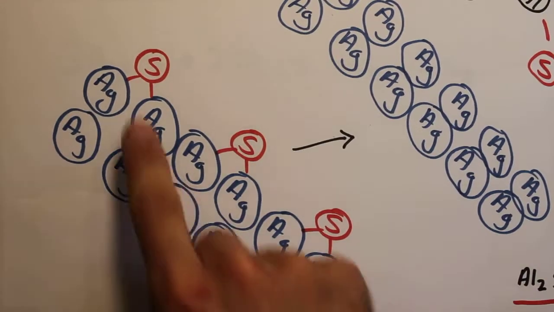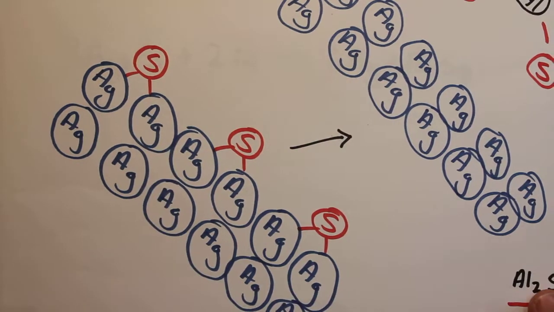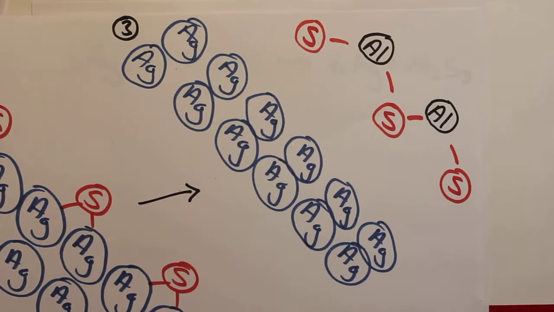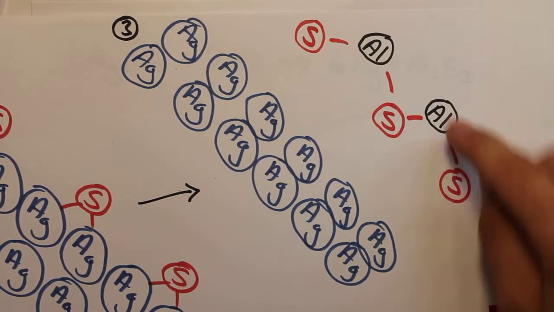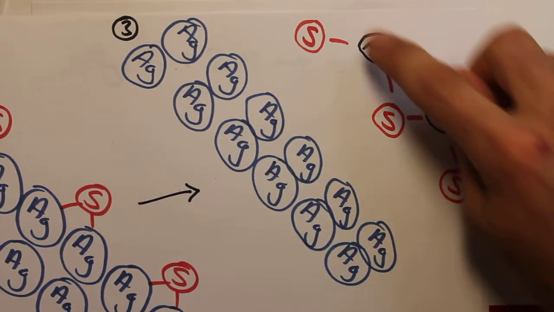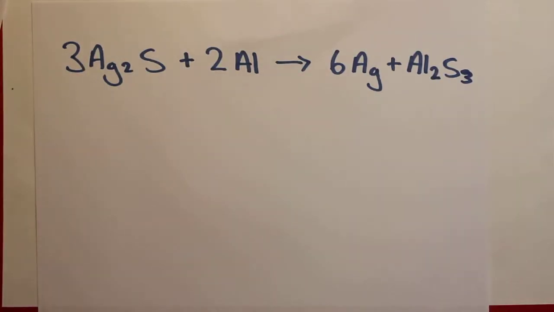So we had our sulfur bound onto 2 silver atoms, and then the aluminium came along and bound that sulfur to the aluminium. And it took 2 aluminium atoms to remove 3 sulfur atoms. And that's a really important relationship there.